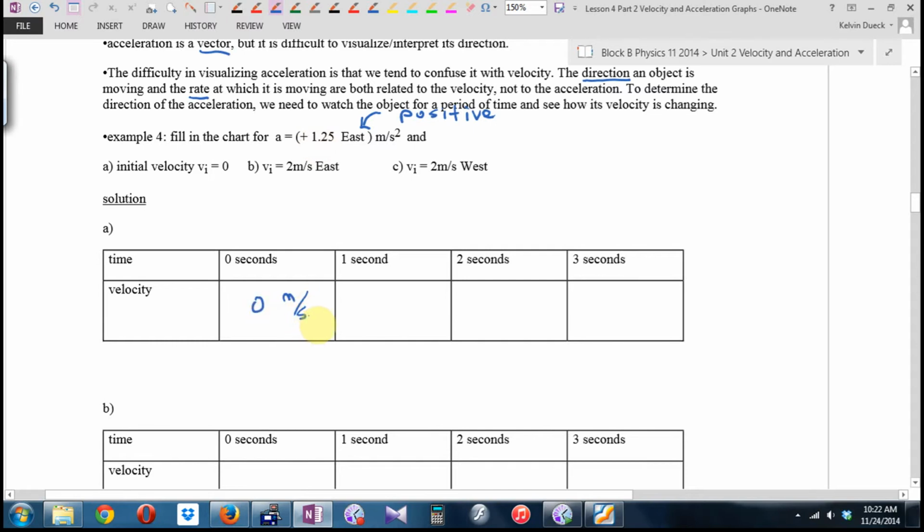Now, an acceleration of 1.25 meters per second squared means every second you're speeding up in the eastward direction by 1.25 meters per second. Every second, how is your speed changing? You're gaining 1.25 meters per second east. So after 1 second, how fast are we traveling if we start at 0? You're right.